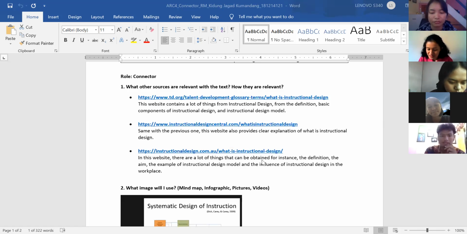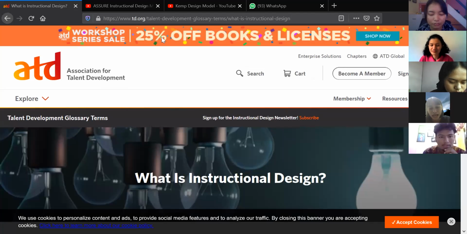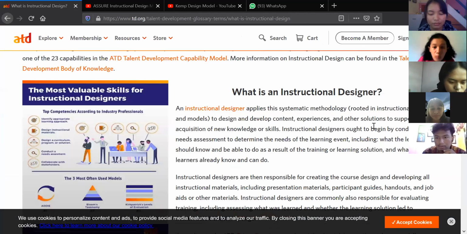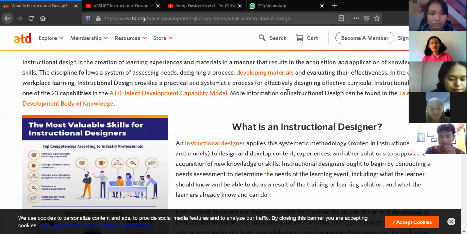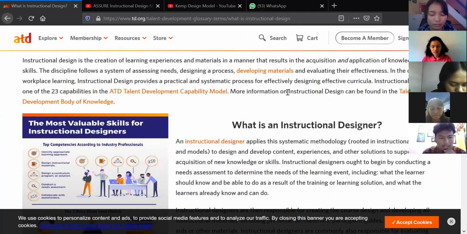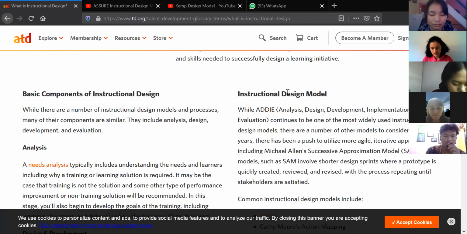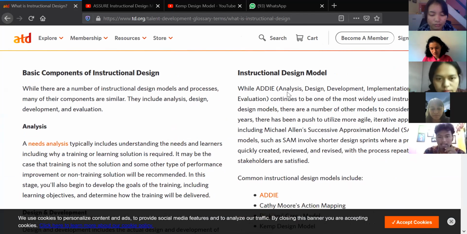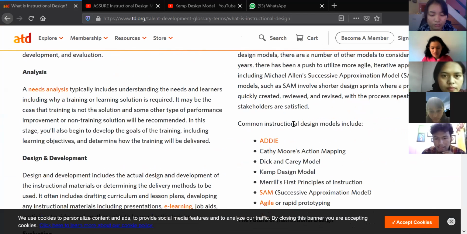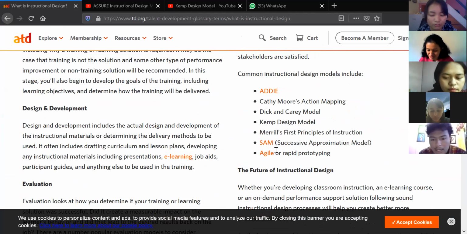I found this website that gives us information about the definition of instructional design, the basic components of instructional design, the instructional design models, the ADDIE and CAM design models, and the Dick and Carey systems model.